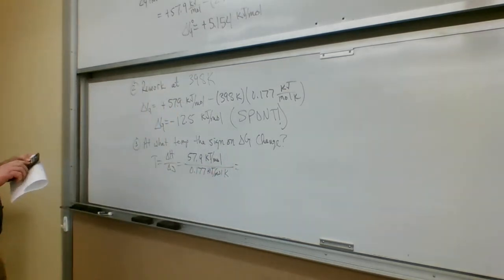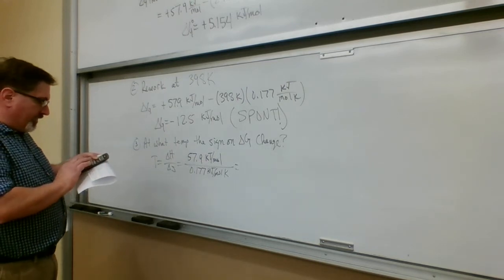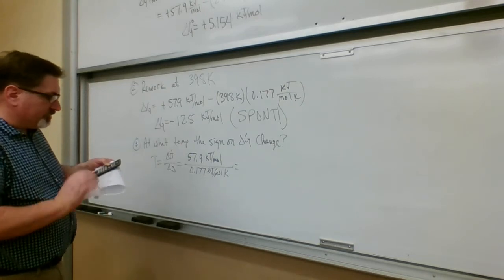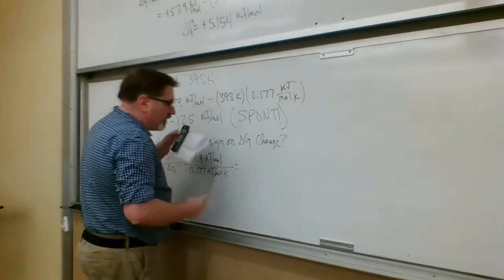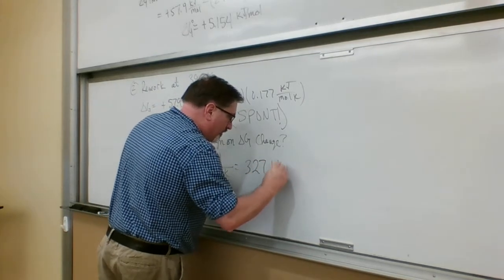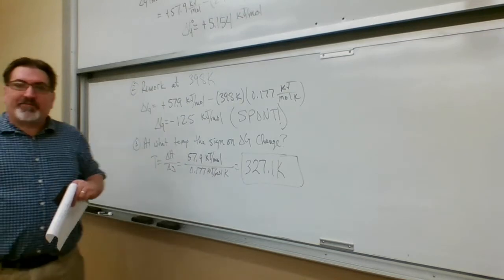So the temperature at which it flips, 57.9 divided by 0.177, is 327.1. That's when we estimate that the spontaneity flips.